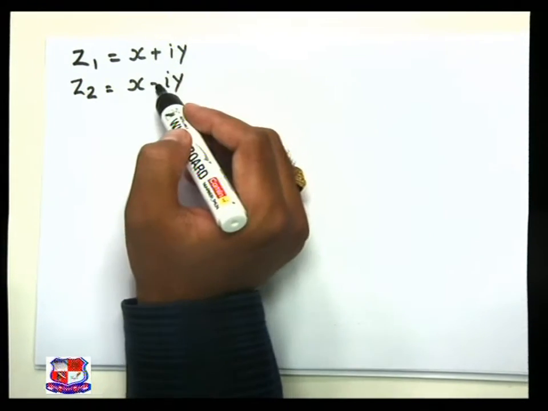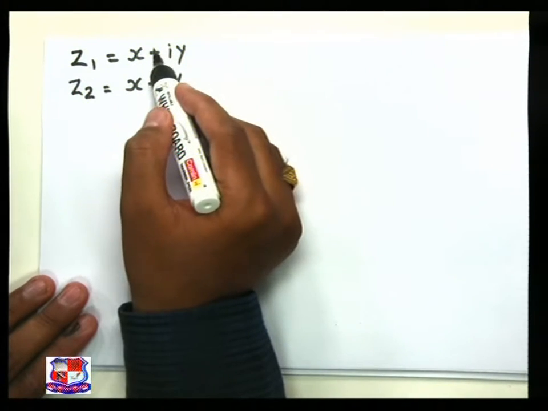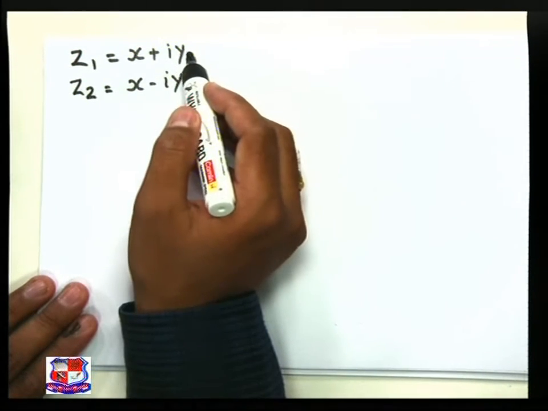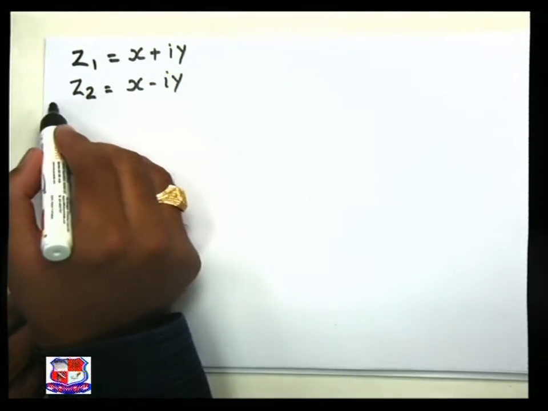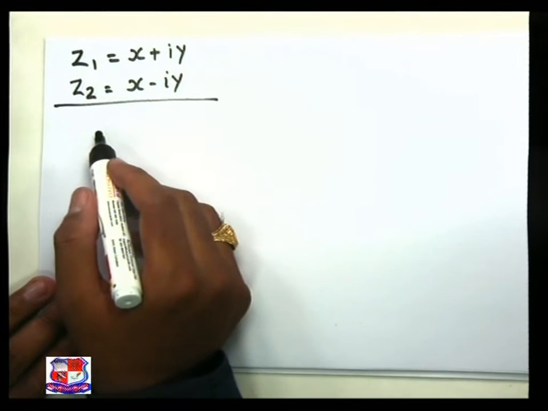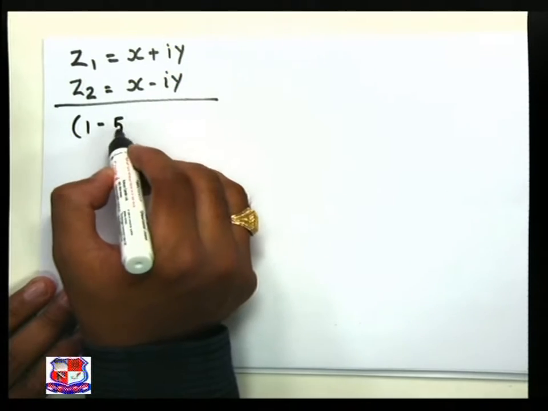So this is nothing but the conjugate of z1, that is z2, just the opposite sign of iy, that is minus iy.